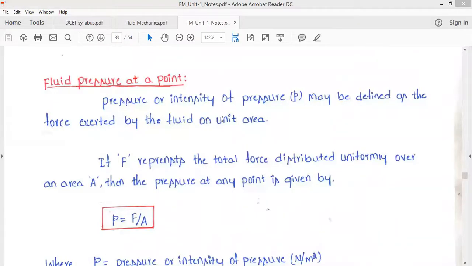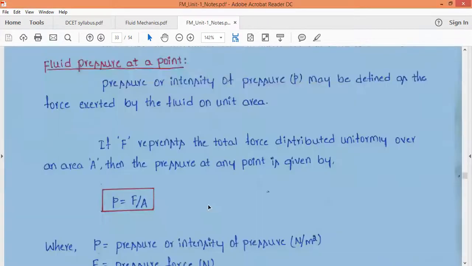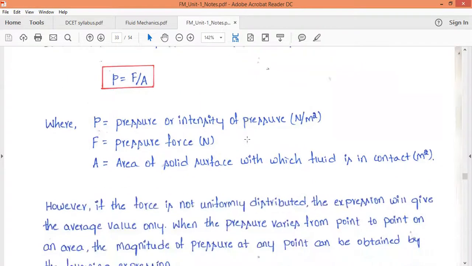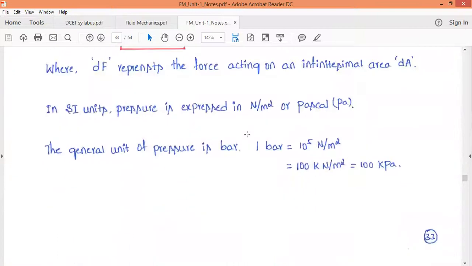Fluid pressure at a point: pressure or intensity of pressure P may be defined as the force exerted by the fluid on the unit area. It is denoted by P and given by P is equal to F by A, where P is the intensity of pressure, F is the pressure force, and A is the area.